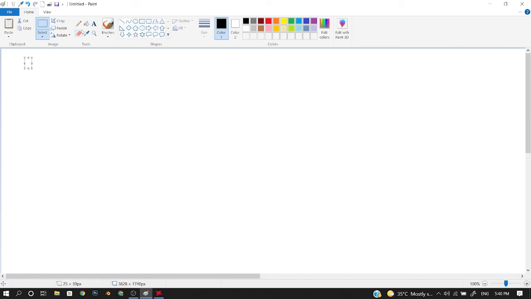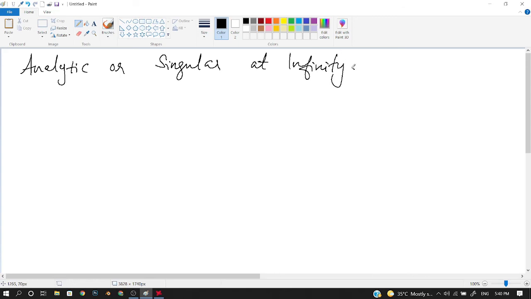Next we have analytic or singular at infinity. f of z is analytic or singular at infinity if f of 1 by z is analytic or singular.